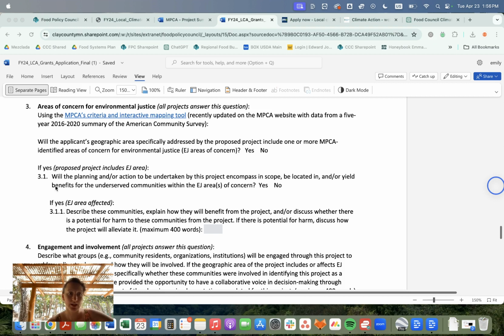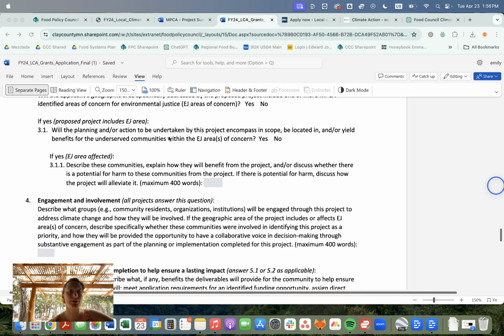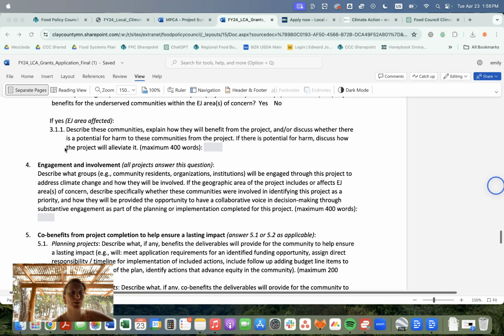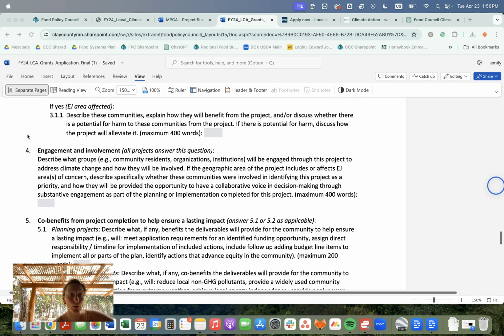If yes, will the planning and or action be undertaken encompass and scope be located in and or yield benefits for the underserved communities within environmental justice areas of concern? Yes or no? If yes, what are those? And then I have to describe those communities, how they will benefit from the project, and or discuss whether there's a potential for harm to these communities from the project. I think these questions are brilliant.